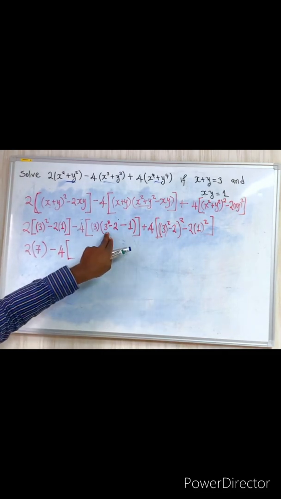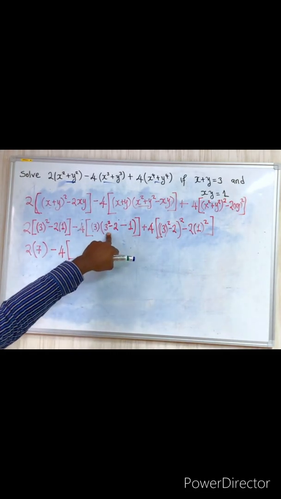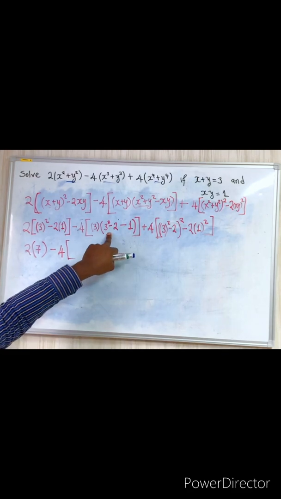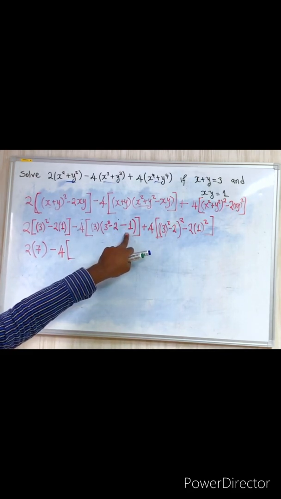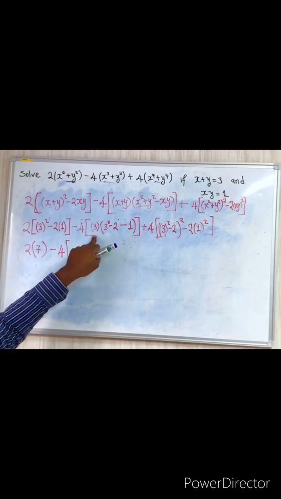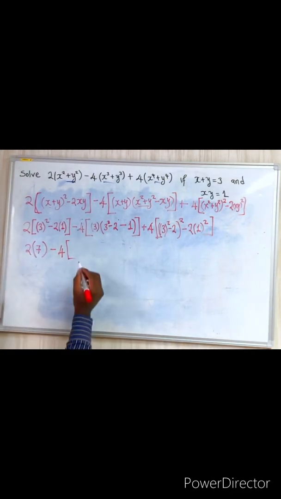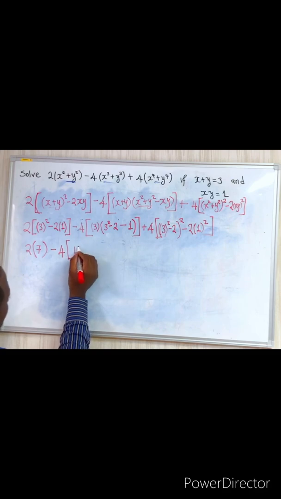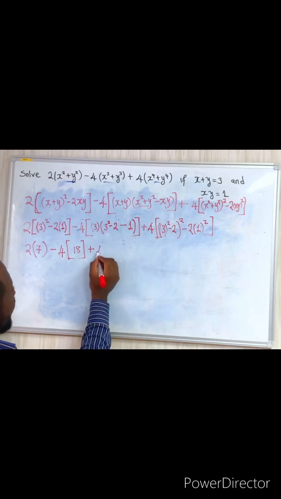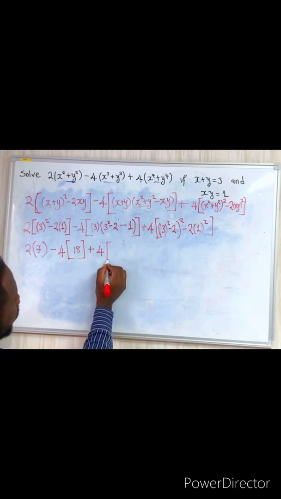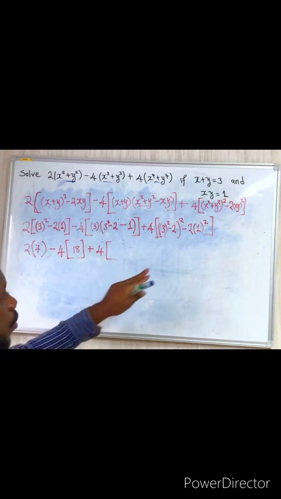So here, if I start here, we have 3 to the power 2, that will be 9. 9 minus 2 will be 7. 7 minus 1 will give us 6. So 6 times 3 will give us 18. Plus, we have 4. Okay, go back here.